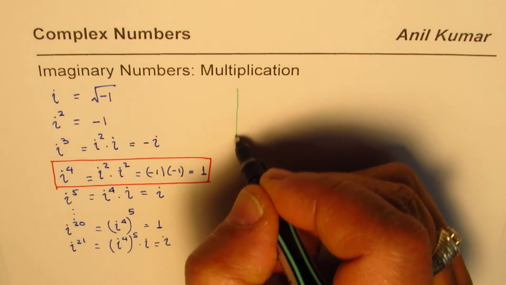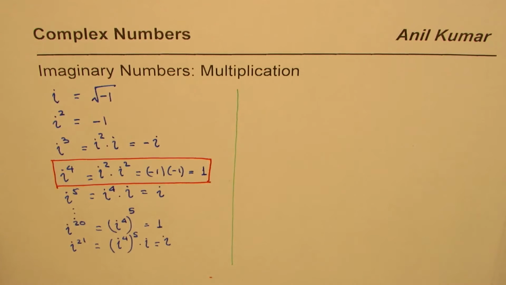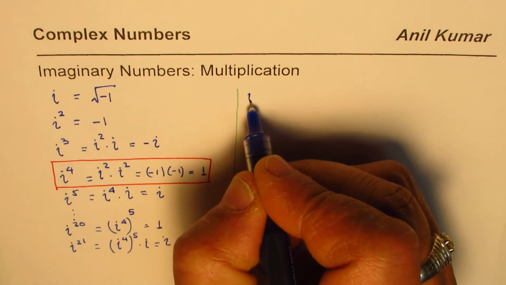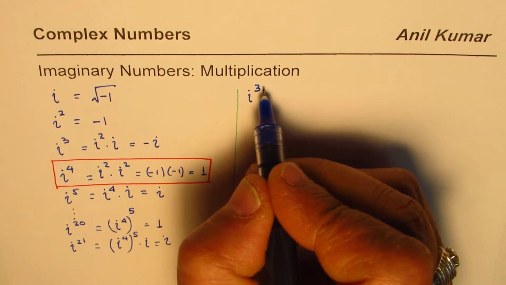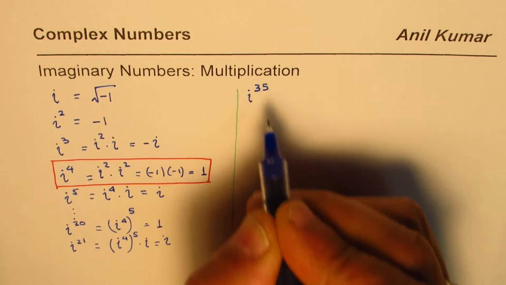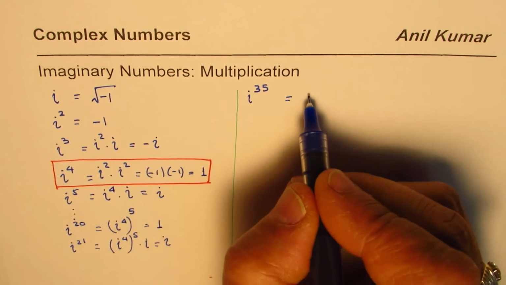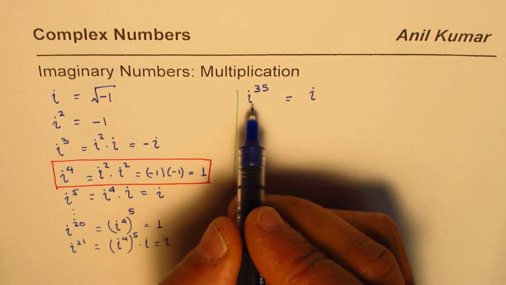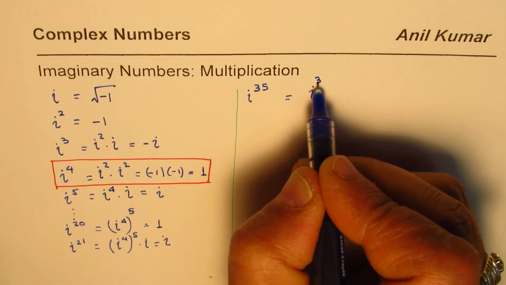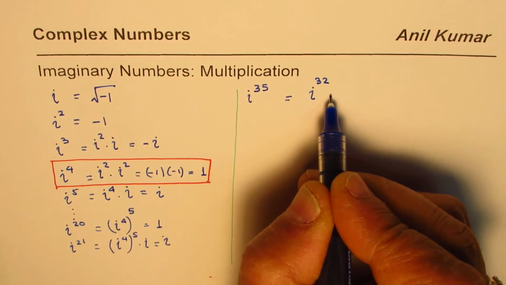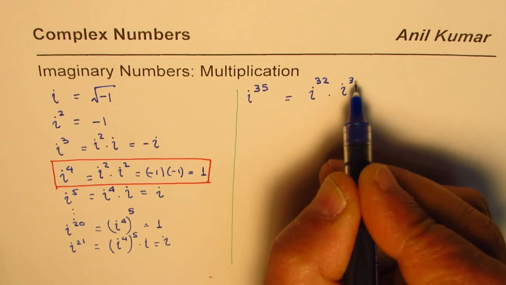So let's take a few more examples here, and then we'll also see how to represent this on a graph, right? So if I write i to the power of, let us say, 35, okay. Now we know that 32 is a multiple of 4, so I could write this as i to the power of 32 times i cube, right?